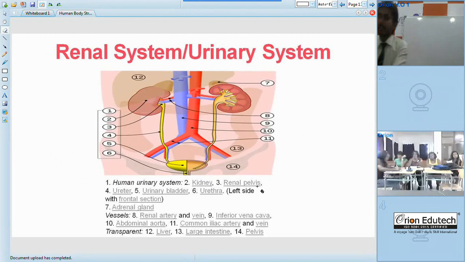Then the next system is the renal system or urinary system.